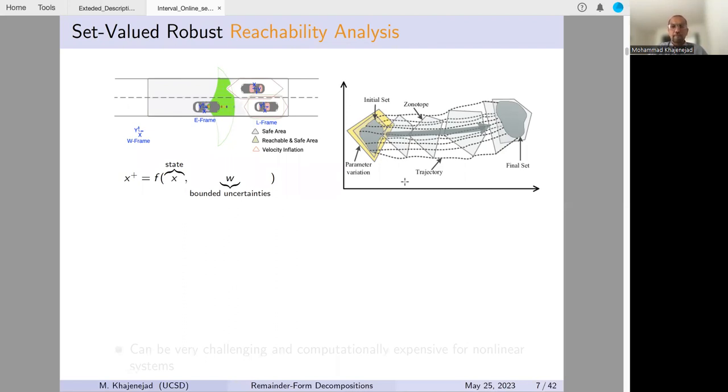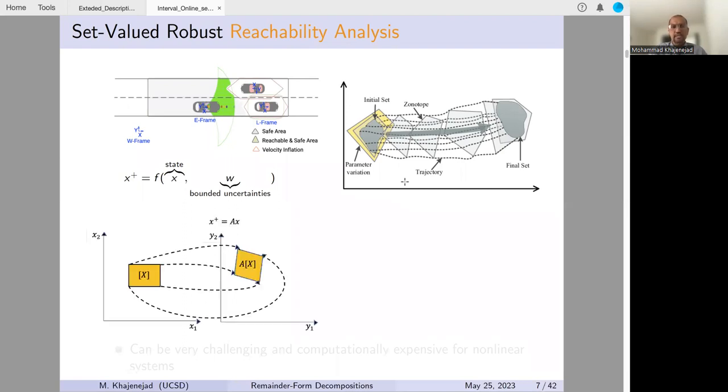If our system was a simple linear system and our initial set was a simple interval or hyper-rectangle, then all we needed to do was to just propagate the vertices of this initial set through the linear dynamics and get the reachable set.